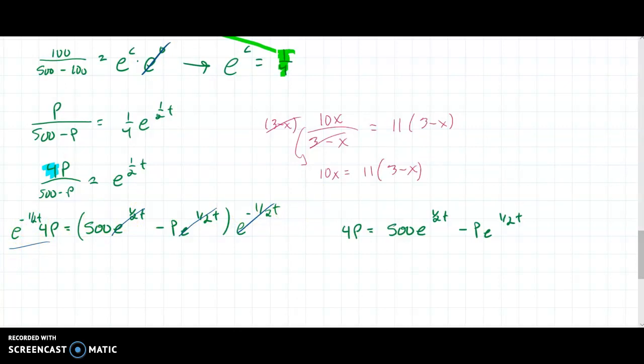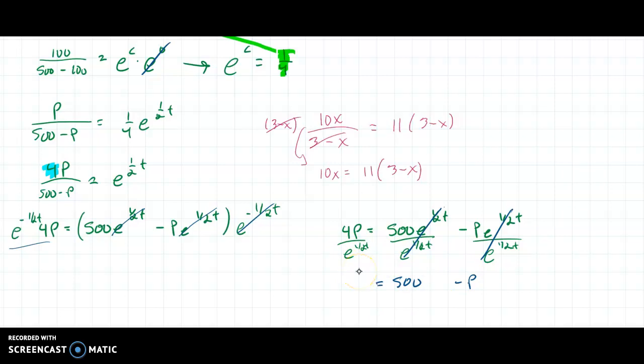But if you would rather think about, all right, let's divide by e to the 1/2 t, and divide by e to the 1/2 t, and divide by e to the 1/2 t, then notice these again cancel and cancel. I'm left with a minus p, a 500, and then on this side it's 4p over that thing.